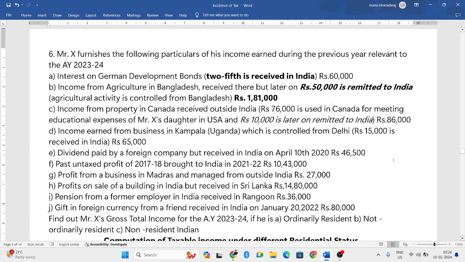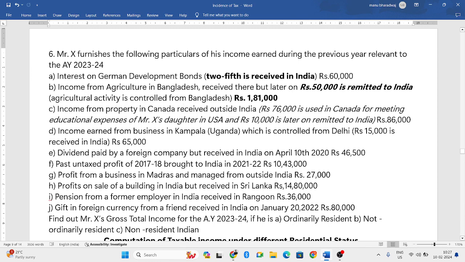Apart from that, they have given 76,000 used for some expenses. Let him use it for any expenses, that is his discretion. We are not bothered about his spending of income. We are only bothered about the income whatever he has earned. So whatever information they have given in the bracket, just ignore that. Just keep in your mind income from property in Canada. Income has arisen in Canada and the receiving aspect is also outside India.